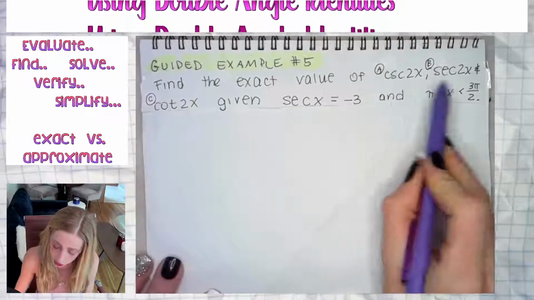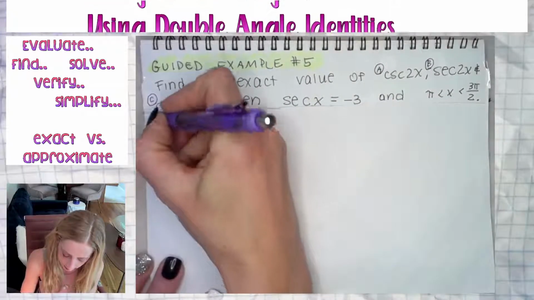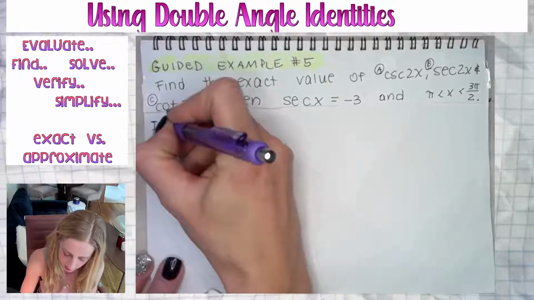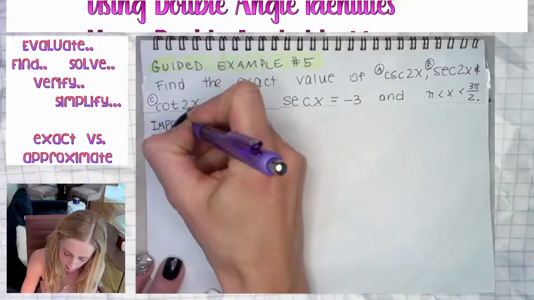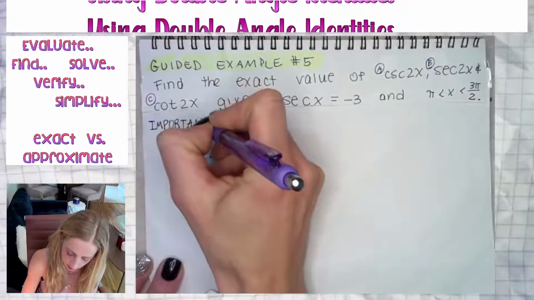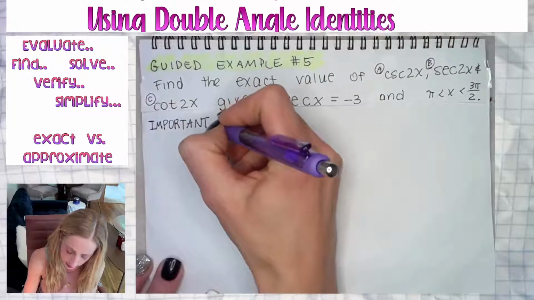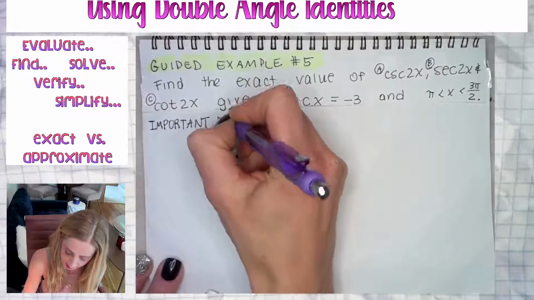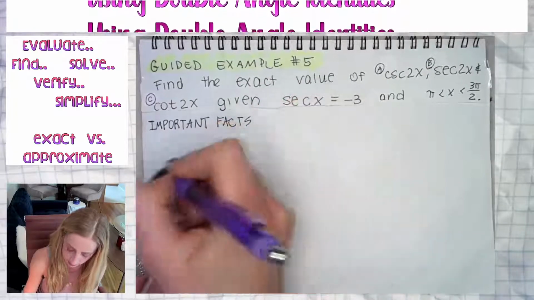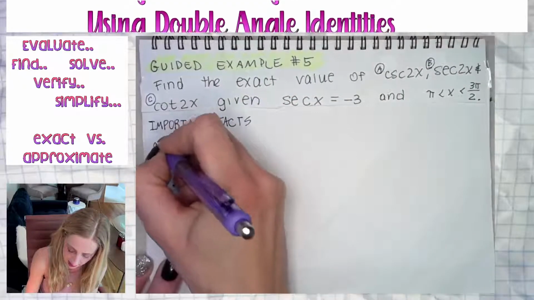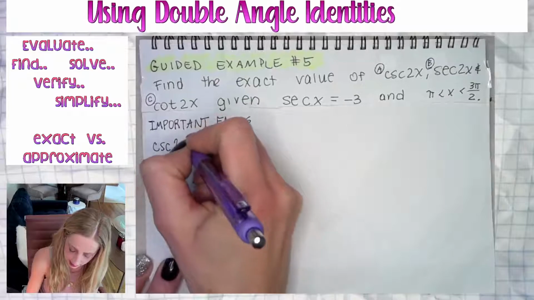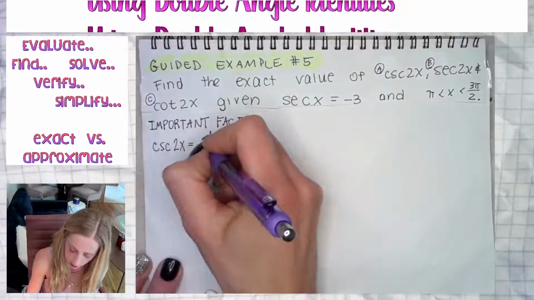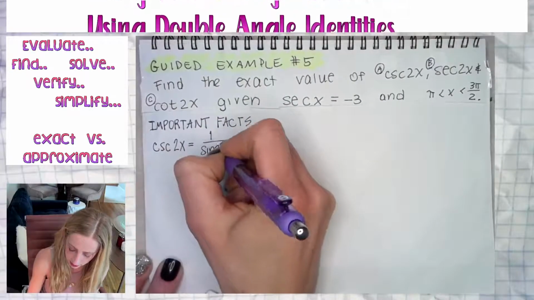So what is true, we'll call this important facts. Cosecant 2x equals 1 over sine 2x.